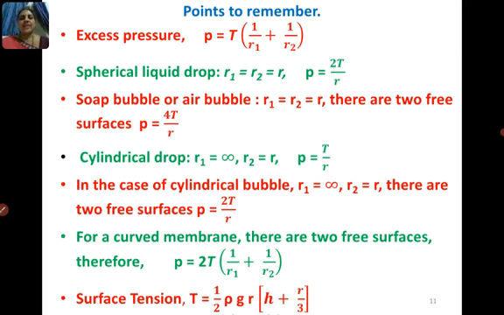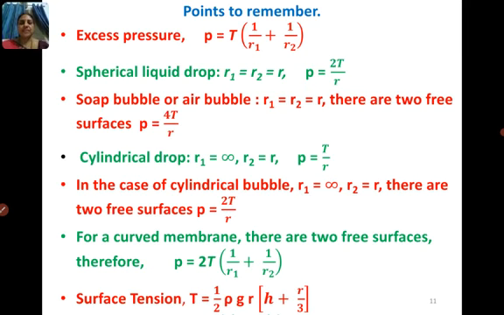For a cylindrical drop, R1 is equal to infinity and R2 is equal to R, therefore excess pressure P is equal to T by R. In case of a cylindrical bubble, R1 is equal to infinity, R2 is equal to R, but there are two free surfaces, therefore excess pressure P is equal to 2T by R. For a curved membrane, there are two free surfaces, therefore P is equal to 2T into (1 by R1 plus 1 by R2).